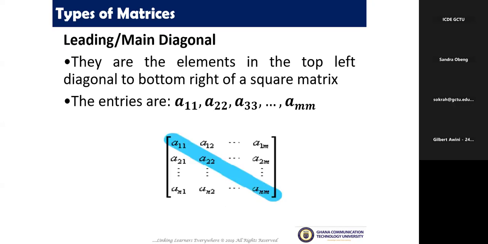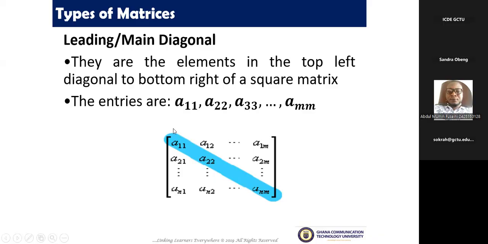Then we have another type of matrix called the leading or main diagonal matrix. If you look at this example here, how many diagonals do you see in this matrix? How many diagonals? Tell me. Two, sir. Two diagonals.